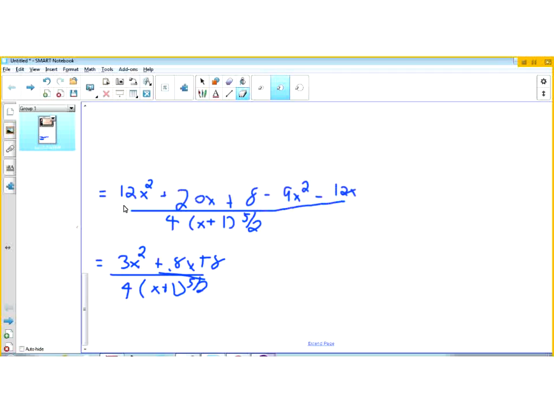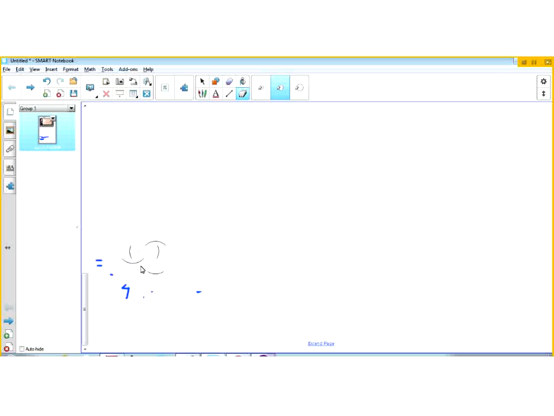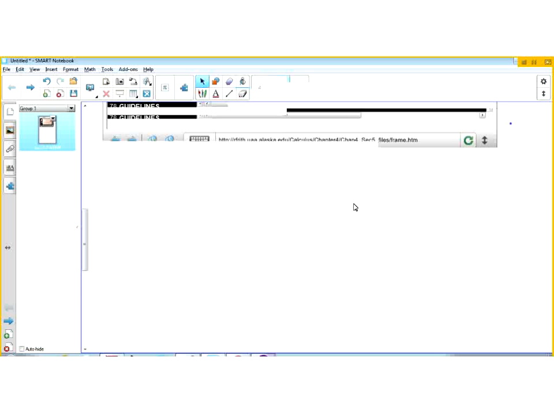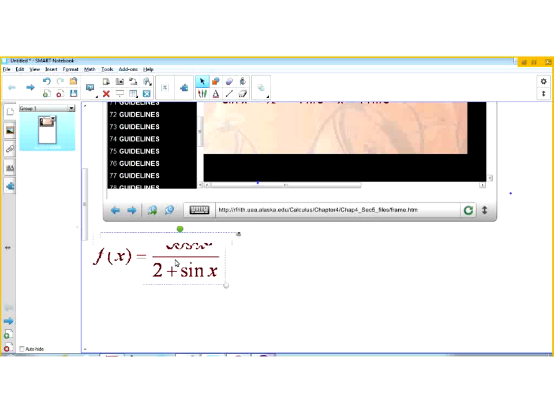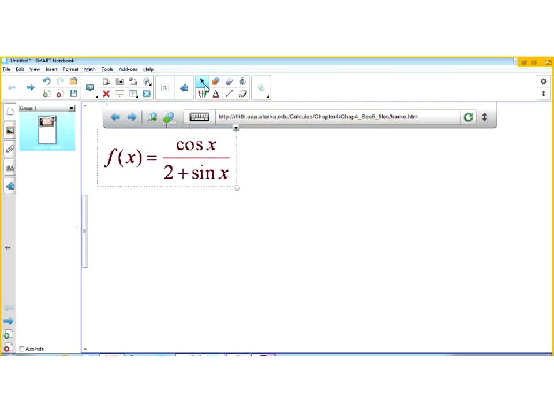Since it's a quotient, we'll have to use the quotient rule for differentiation.